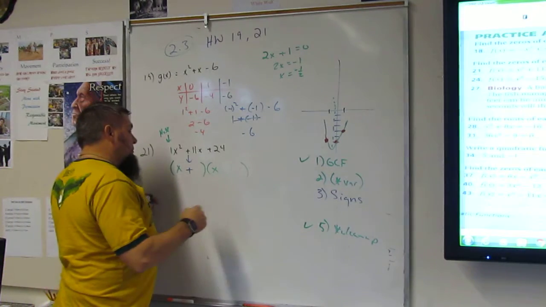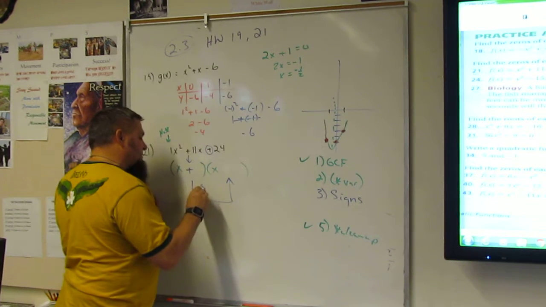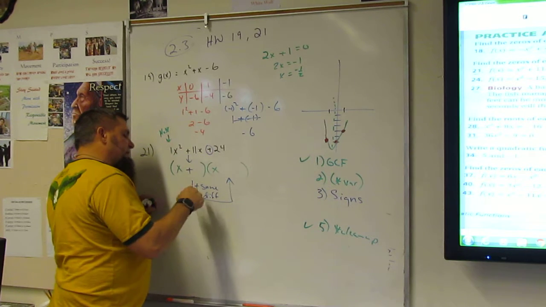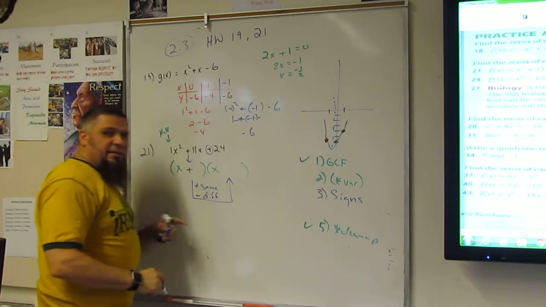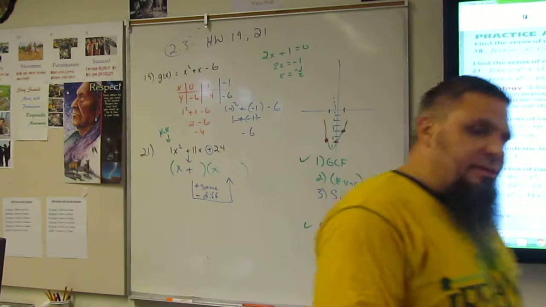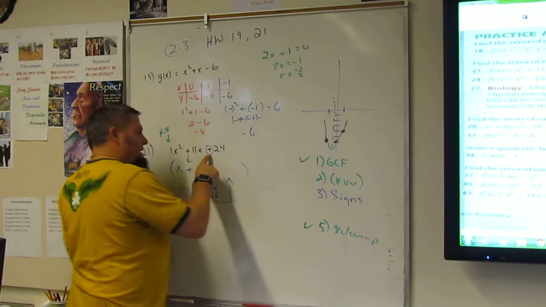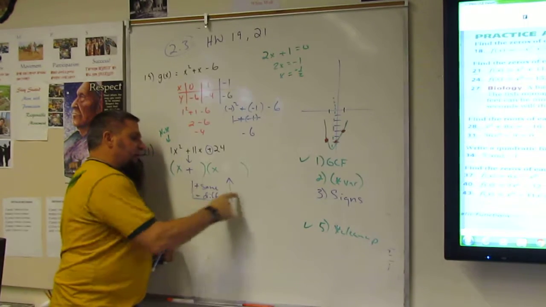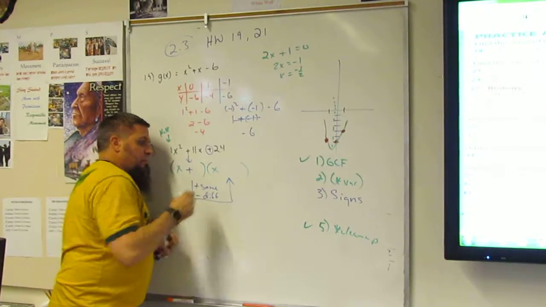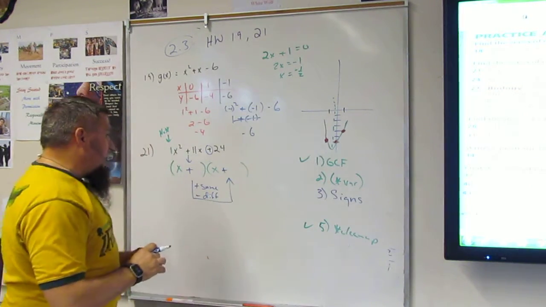And then I'm going to look at this sign, and this is going to tell me if these signs are the same or if they're different. If this sign is a plus, then they're the same. If this sign is minus, then they're different. Now I'm finding that this sign is a plus, so that means that these 2 signs are the same. That means that these 2 signs have to be plus, because they're the same. And that's the third step.